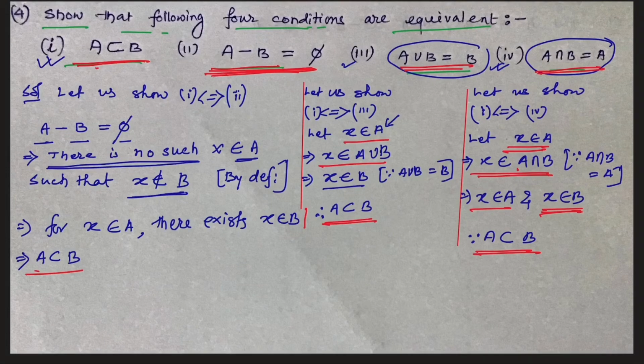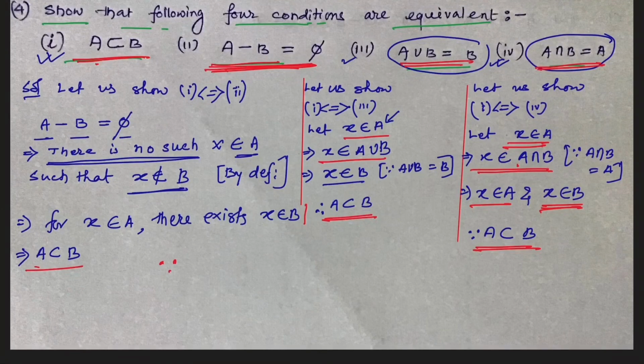Okay, so therefore, or you can write, since condition number 2 implies condition 1, condition number 3 also implies condition number 1, and condition number 4 also implies condition number 1.